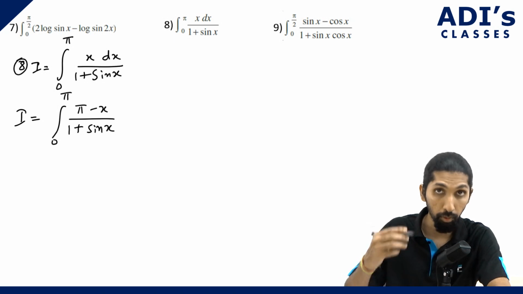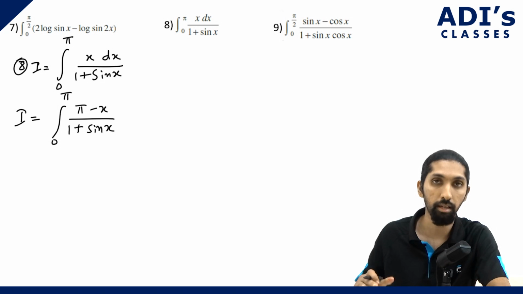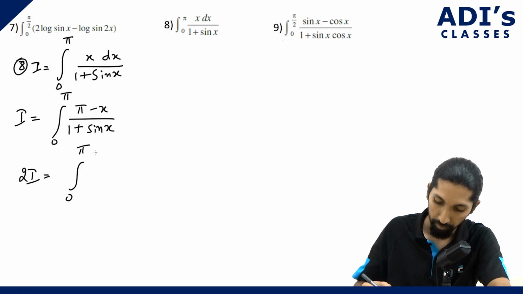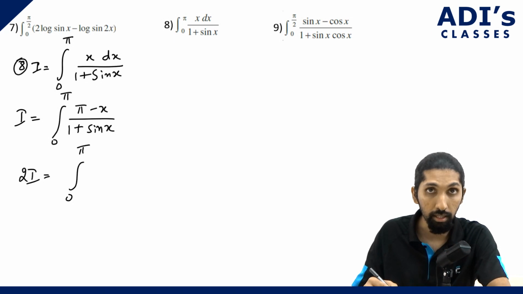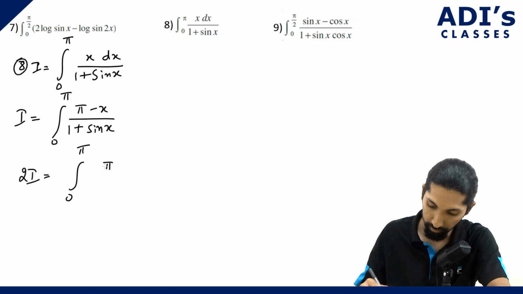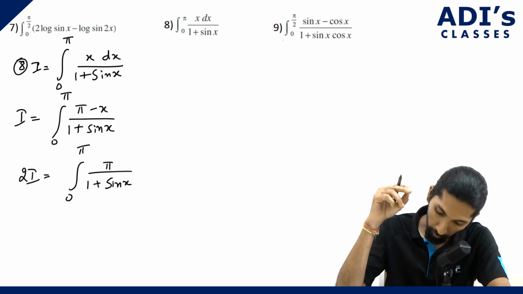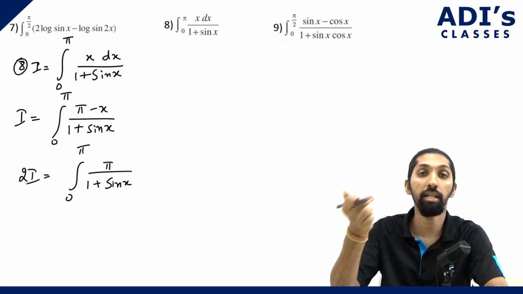Now, add both the equations, the first one and the second one. So when you add, 2I is equal to integral 0 to pi of pi minus x plus x, which is basically pi, by 1 plus sin x, correct? Now, 1 by 1 plus sin x can be solved in multiple ways.